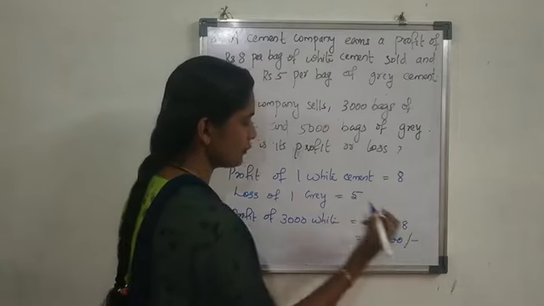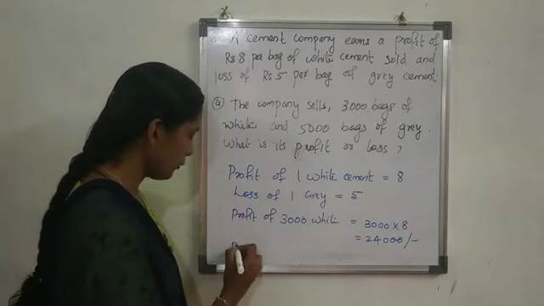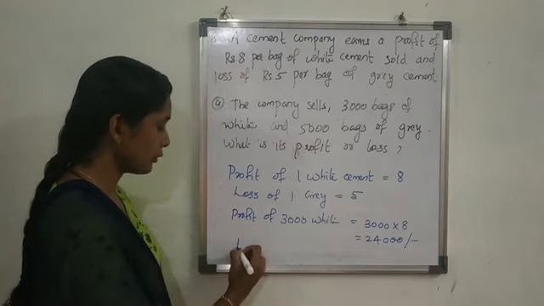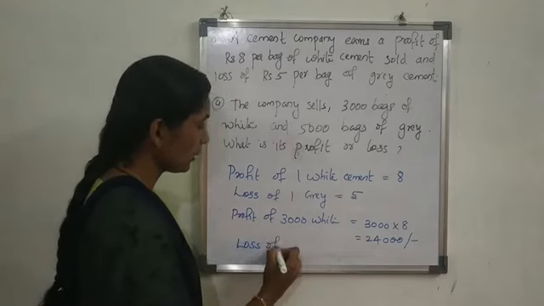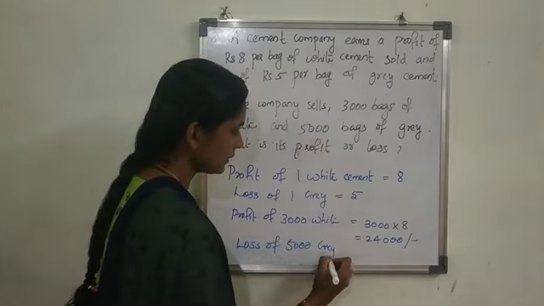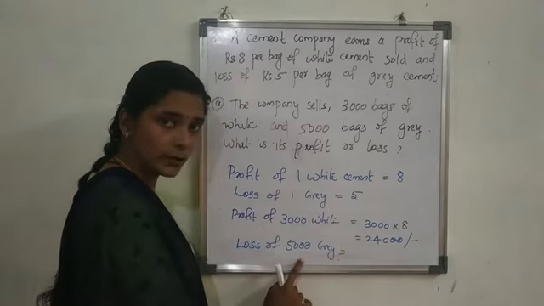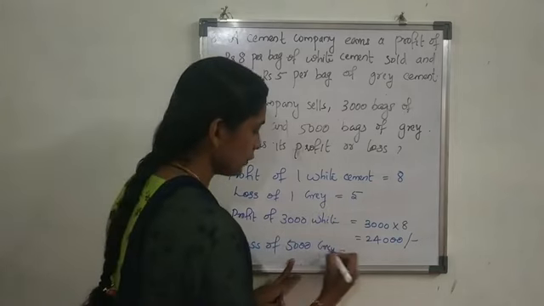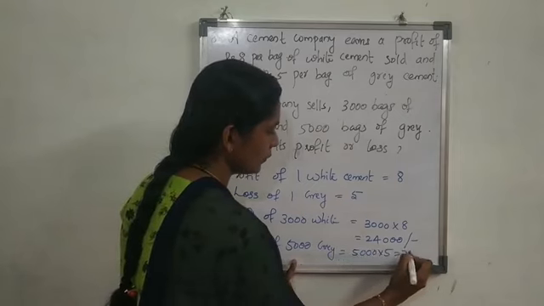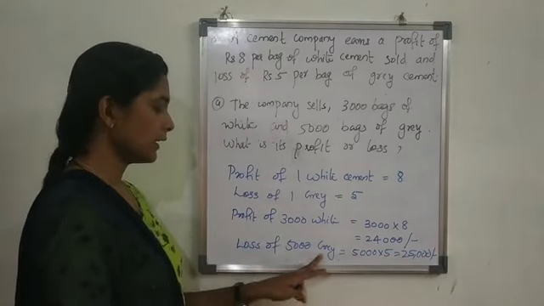This is the profit of white cement bags. Now the loss of 5,000 grey cement bags. Loss of 1 grey cement bag is 5, and 5,000 are sold. Therefore loss of 5,000 is 5,000 into 5, that is equal to 25,000. That is the loss of grey cement.